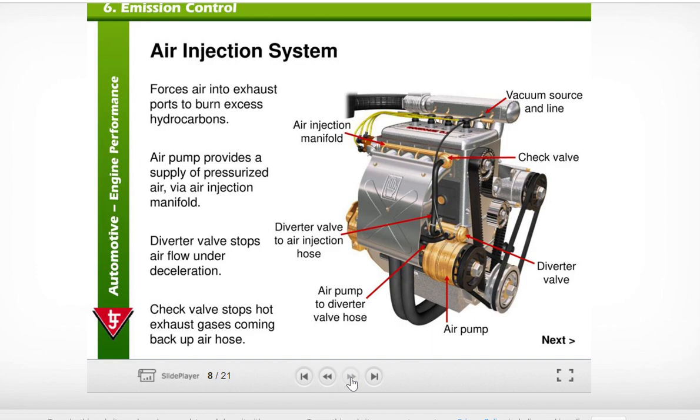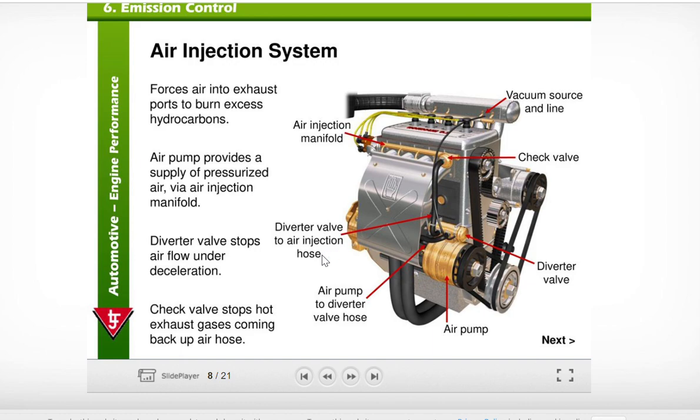So we have an air pump, which we can see here, driven by a belt from the engine, and the air pump blows air into the exhaust, and this air helps to burn the excess hydrocarbons, because there is already heat. We already have above 900 degrees in the exhaust, so when we introduce air, the fuel in the exhaust will continue burning as long as there is a presence of air.